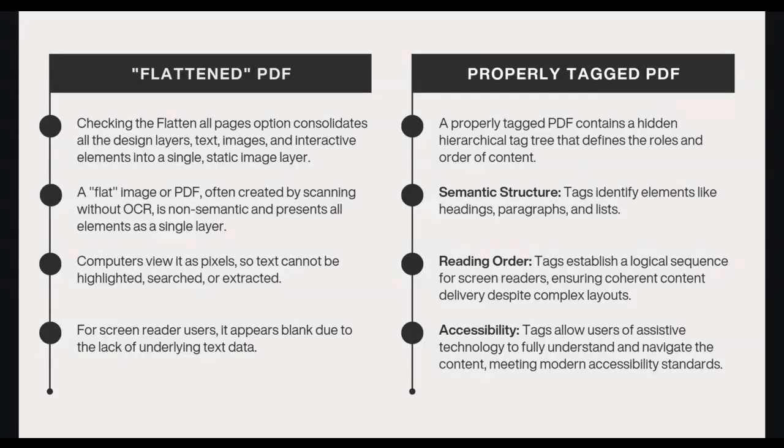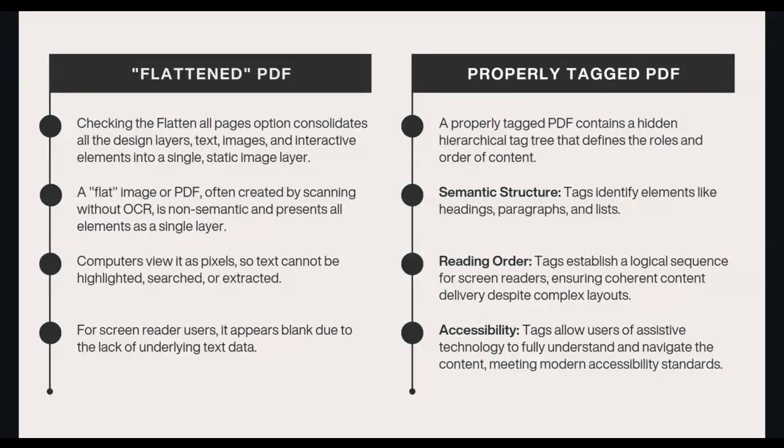Checking flatten all basically compresses this into a single static image layer. Even if it has text, it's going to save it as an image. So a flat image PDF is going to be viewed as just pixels, which means the screen reader is not going to recognize it as text.